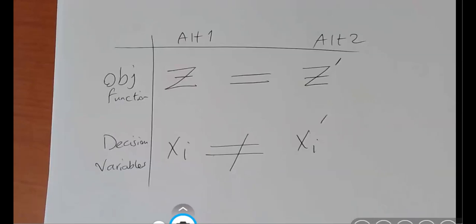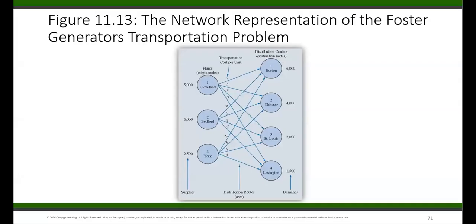I'm going to focus on one example that we did before, the transportation example. If you remember, we had 3 origins and 4 destinations, and the question was how much to ship from each origin to each destination in order to minimize the transportation cost.